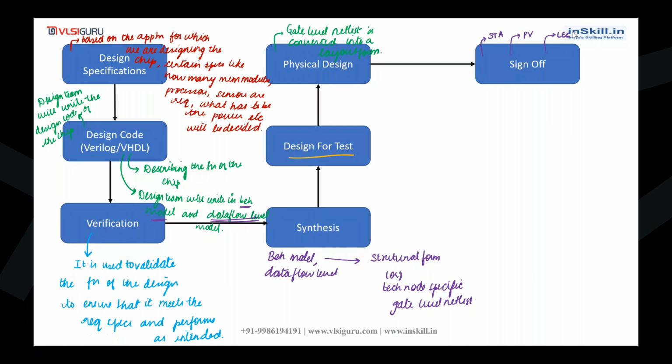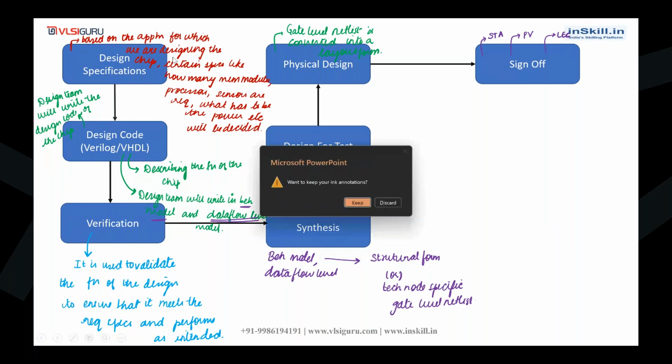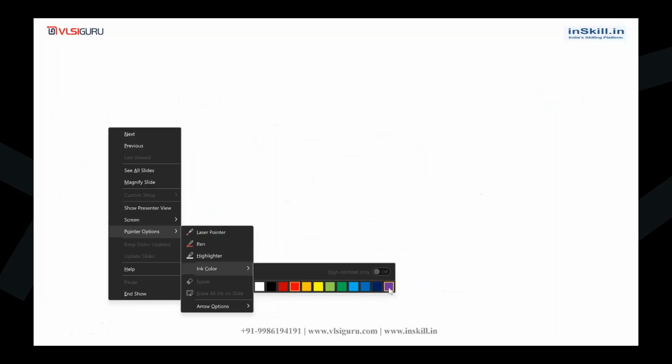So what is it? Let's try to understand. Let me explain each of the steps. STA stands for static timing analysis. So the full form of STA is static timing analysis.